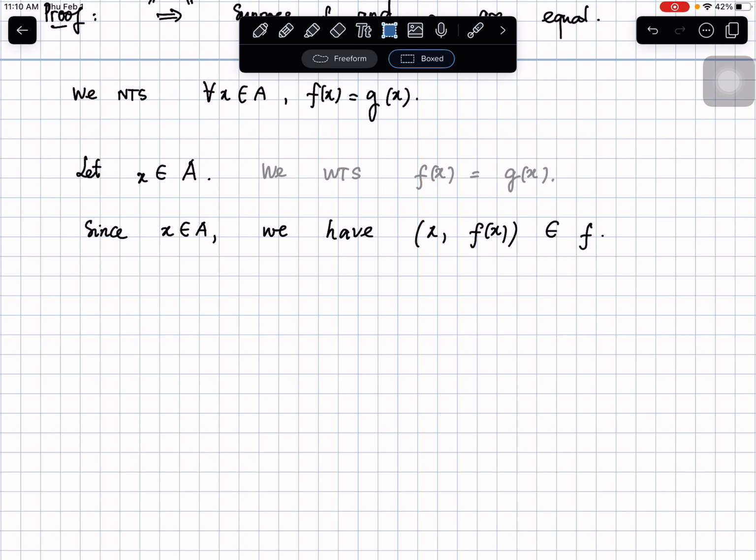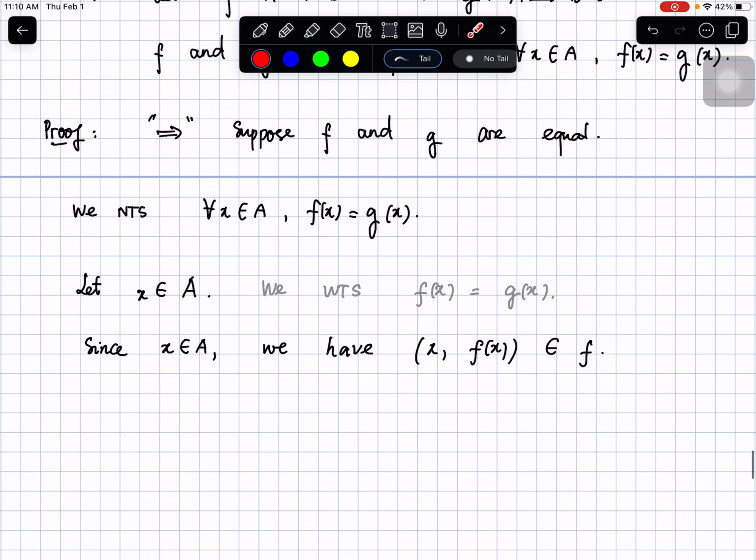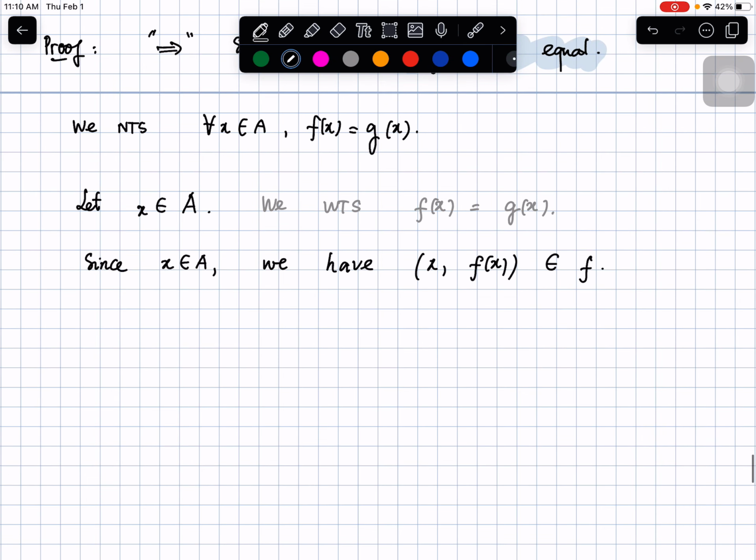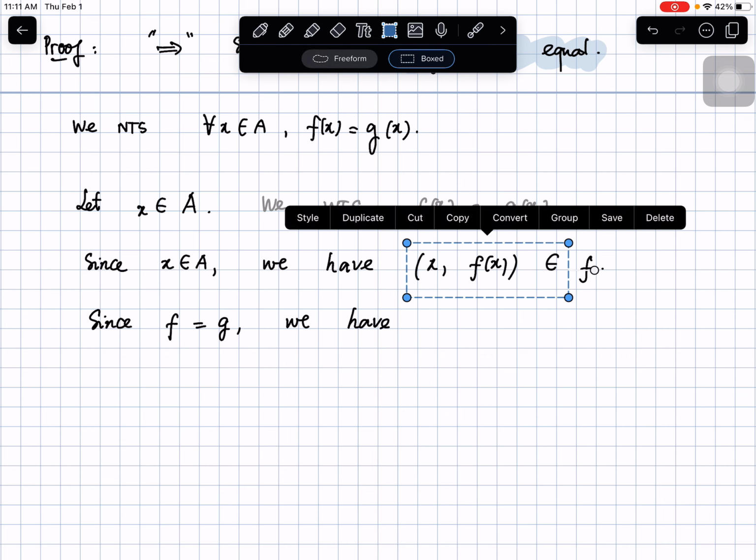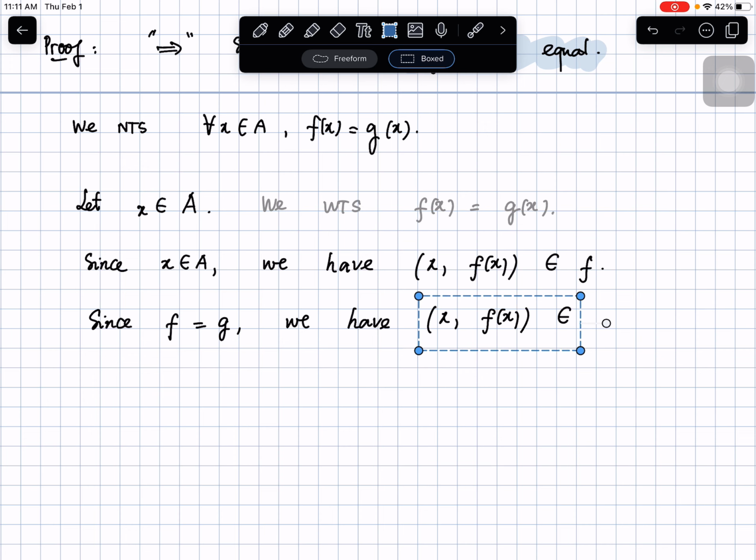But now by our hypothesis, f and g are equal. Since f equals g, we have that (x, f of x) is an element of g. Why is this?